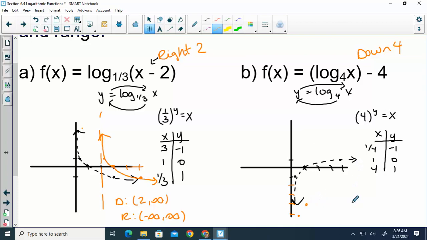No. So it will look like this. Vertical asymptote stays the same. Domain? 0 to infinity. Range? Are those okay?